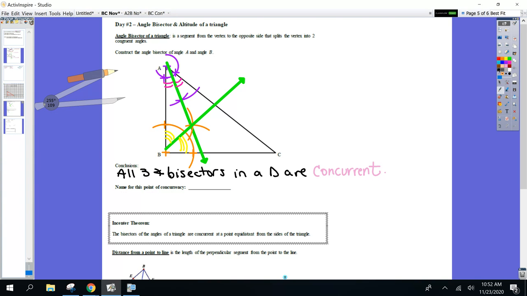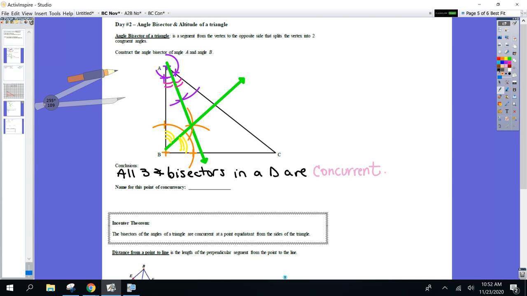Everyone at home all right with that? So now you have two sets of lines that you know are concurrent. Angle bisectors, and what did you learn on the EdPuzzle video that are also concurrent? Perpendicular bisectors. Good, good.